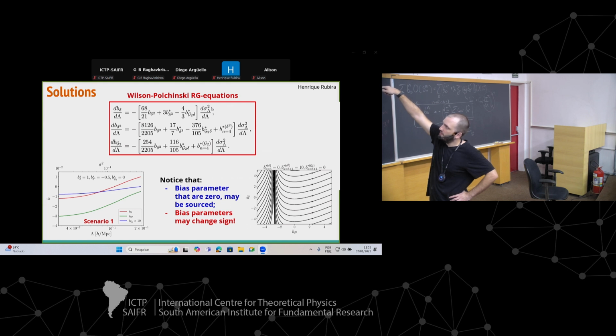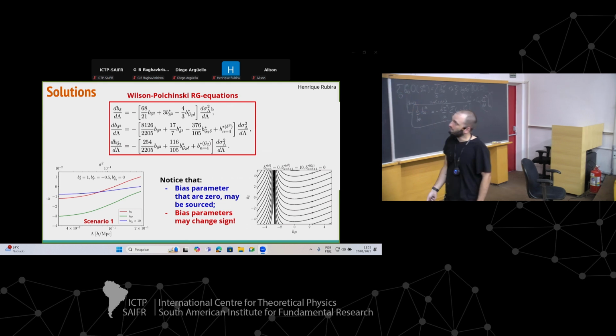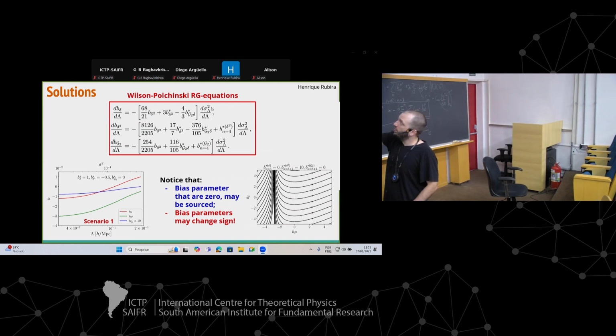So it's actually coupled. It's indeed true that it's coupled, but what we have discussed also in the paper, I don't have the plots here, is that you don't need to solve the full set of equations to get the running of these terms here. Just because the running of the fourth order operators, take here these equations for instance, the running of B fourth order is not relevant for BG2.